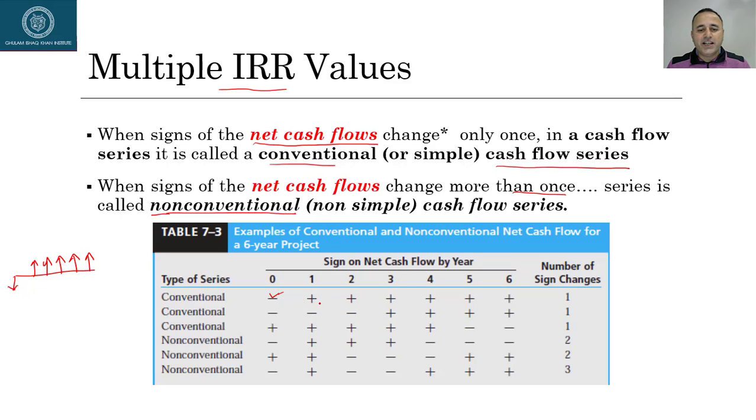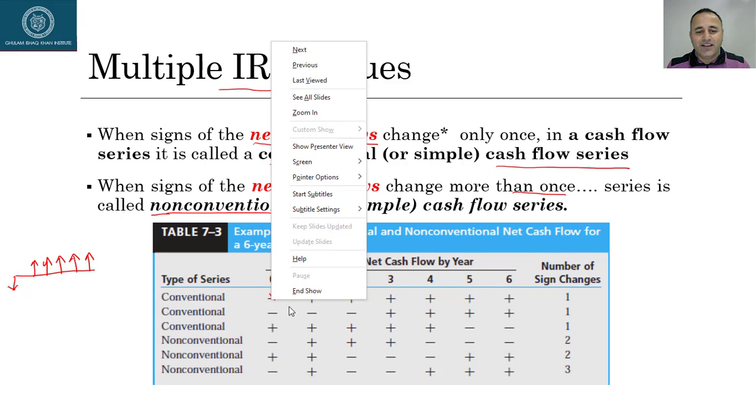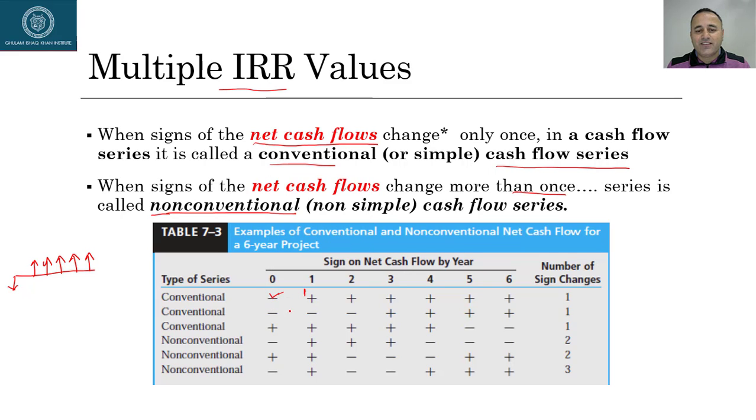So how many times did the sign change? Only once, because it started with a minus sign and year number 1 was the time when the sign changed. So there was only one change. Now see, the cash flow started in years 0, 1 and 2 as negative, and the first change was here. So again there is only one change.